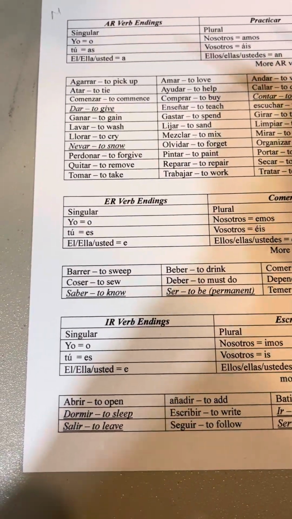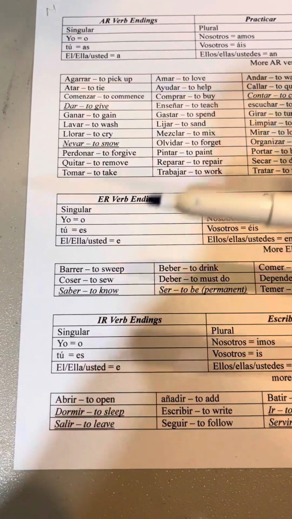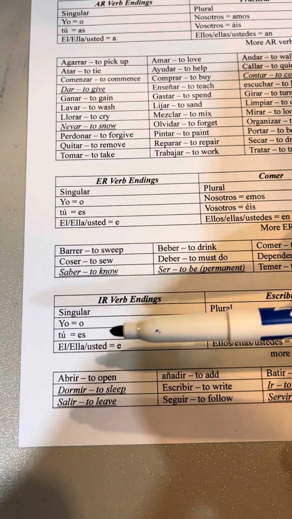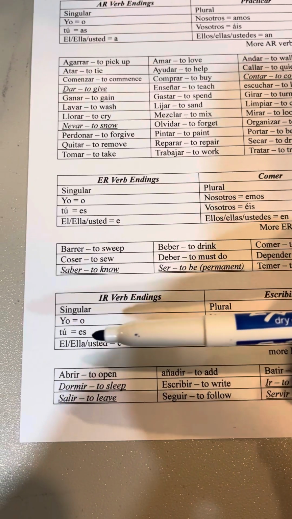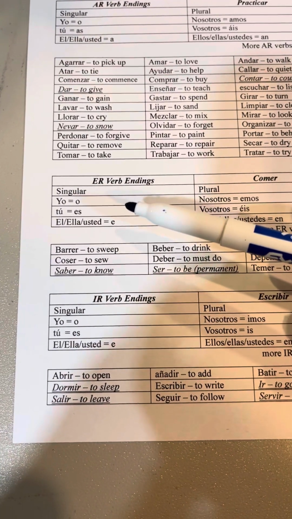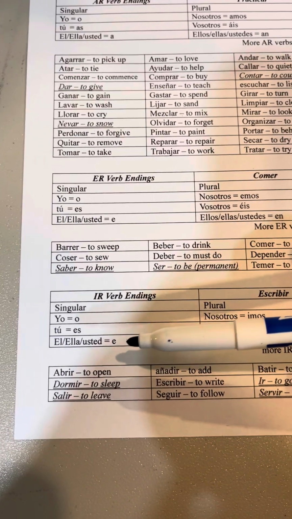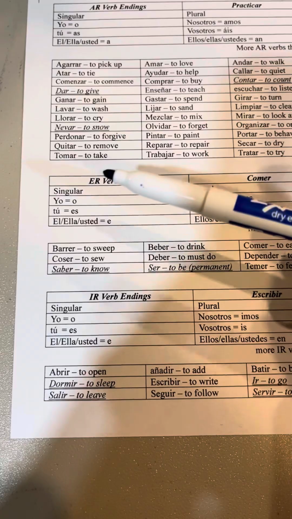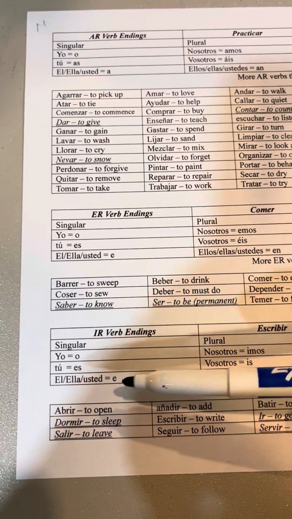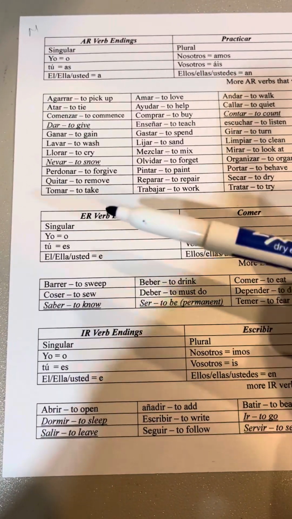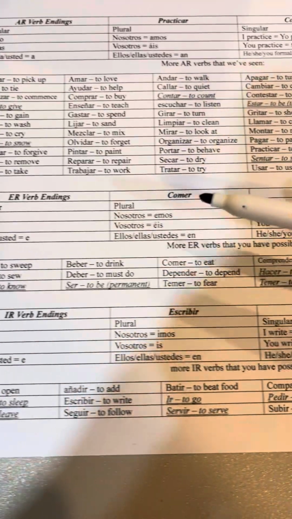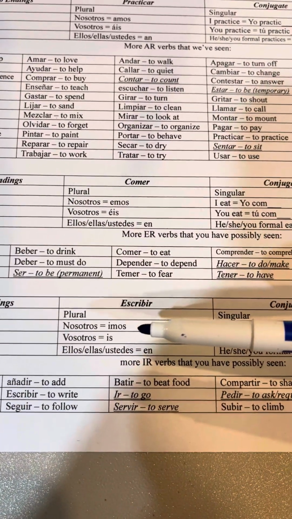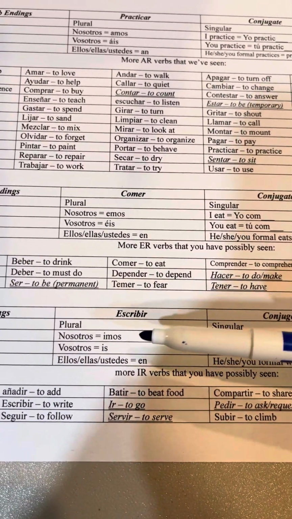But just as we had as and es, it's not true for the IR verbs. It's still es like the ER. El, ella, usted is the same as ER endings, okay? So ER and IR are the same in the singular voice, but in the plural voice, now we see escribimos.